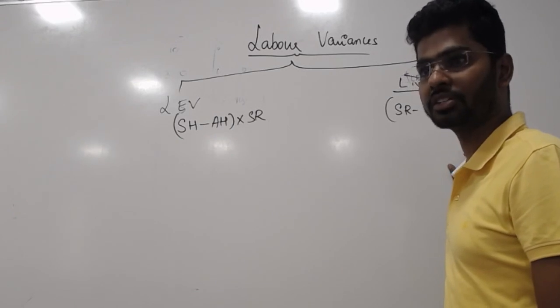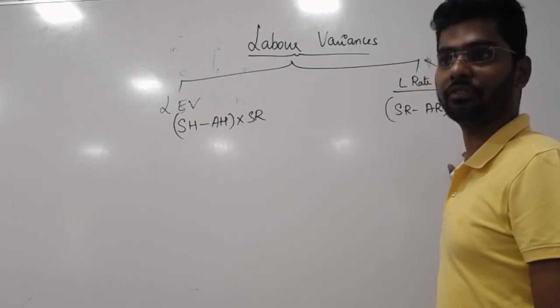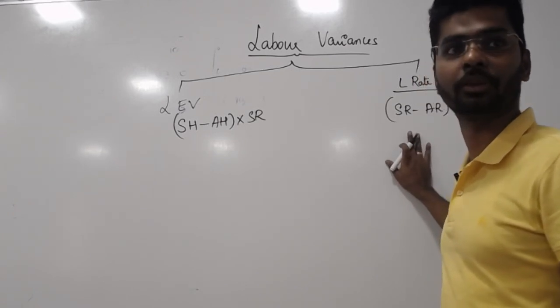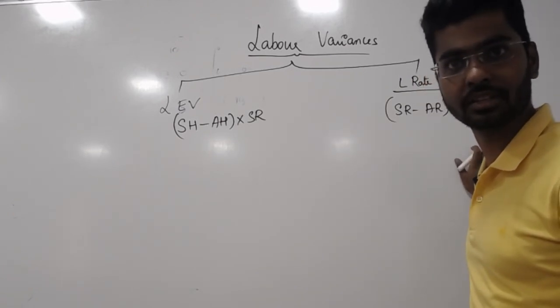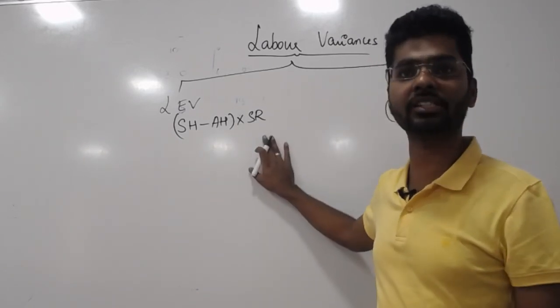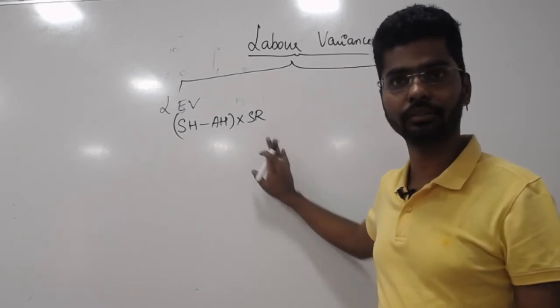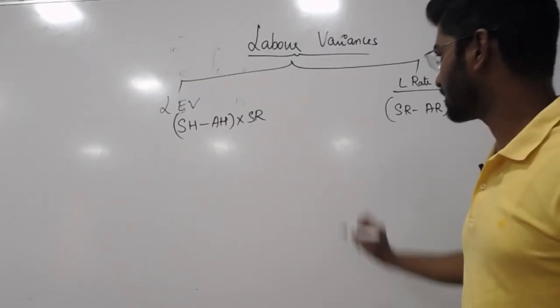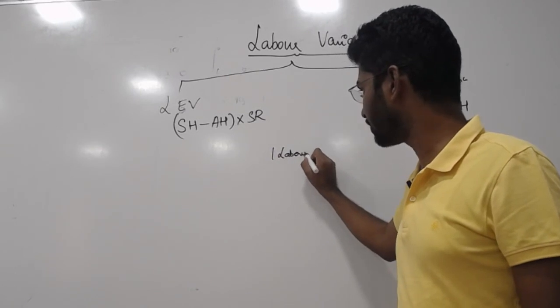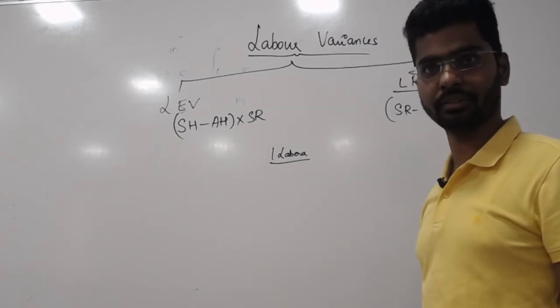Remember this logic, for the ones who are getting confused with formulas: whenever it has to do with money, it will always be actuals. Clear? Hours or efficiency will always be based on the standard rate. Fine? This is when there is only one kind of labor.